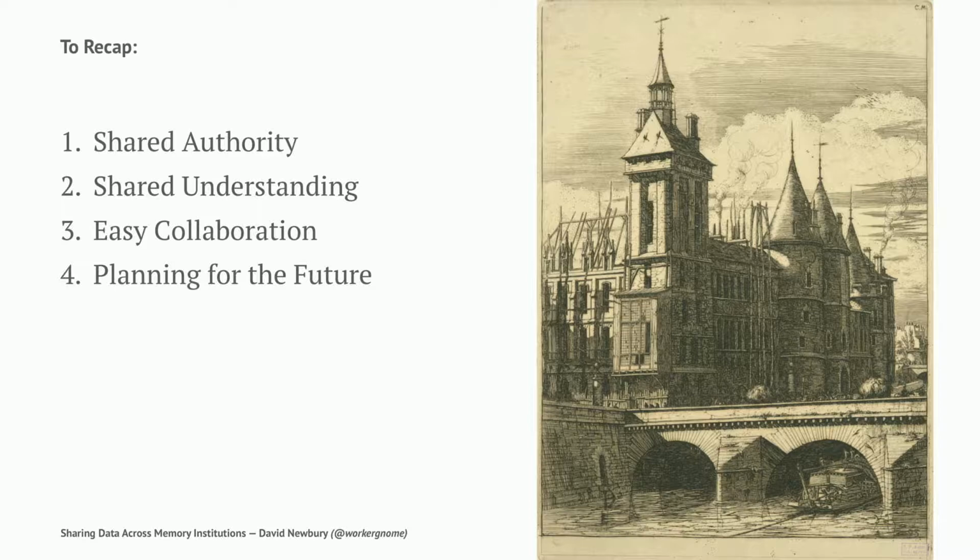And so when I think about linked data, what I'm thinking about are 4 things that we need to do. It's how do we make it easy to share authority, to be authoritative about the things that we do care about, and let other people be authoritative about the areas of their expertise. How do we share understanding? How do we say, I know something, you know something, let's write it down in a way that we can both point to that shared understanding rather than have the miscommunication.